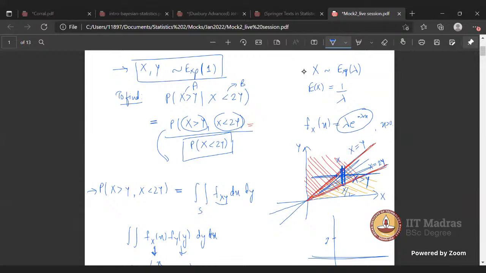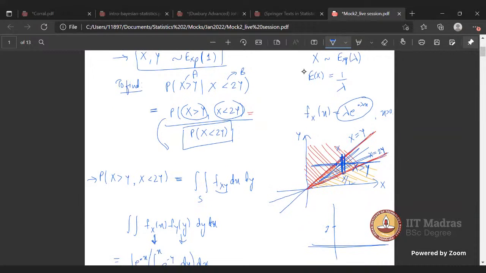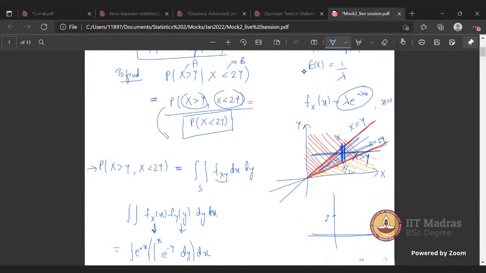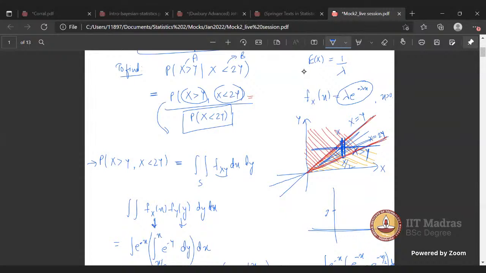And here again, if we don't know the joint distribution, we'll use the independence condition and say it is the product of marginals, and we'll go through the same method and just the limit will change. So your y will vary from x to infinity and your x will vary from 0 to infinity.